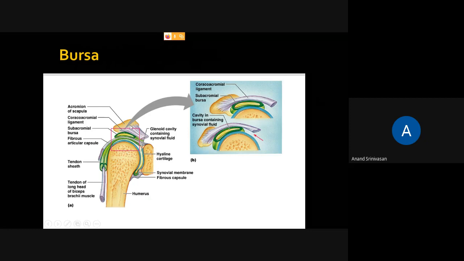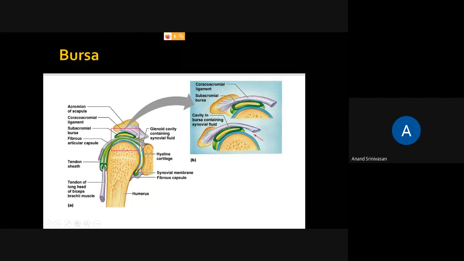It is located between the two bones. It is just like a fat pocket, a pocket of fat which is lined by a membrane, and they are present outside the joint cavity. So this is the bursa.